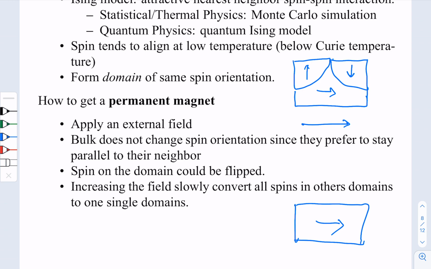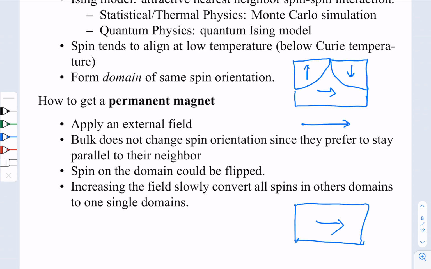So this is the basic mechanism underlying the permanent magnet. For iron, initially the system may have clusters of spins having the same direction, but in total, on average, this could still average out to no total magnetization.